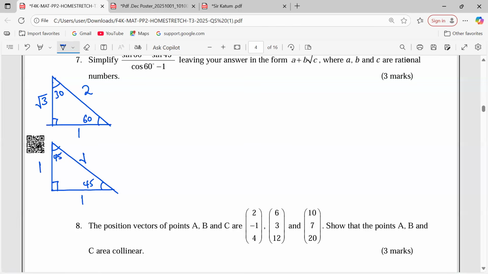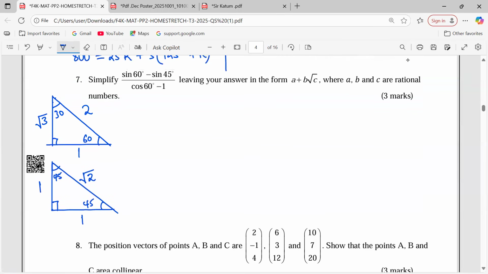And here we will have the square root of 2 automatically as the hypotenuse. With these two triangles, you shall never lose it whenever trigonometry of special angles is combined with surds. Those are the triangles that I would challenge you to master. Anyway, now we can proceed.